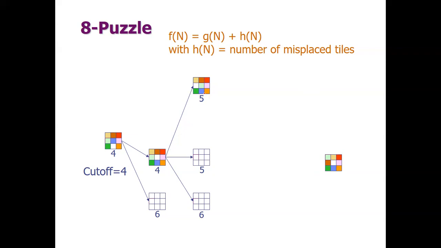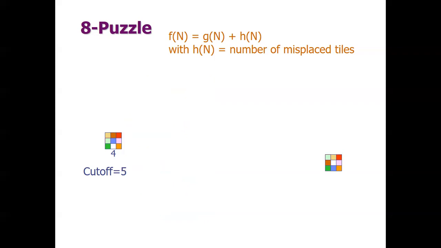So from here we have reached this state, where the light green is moved here, but still the cost is 5, so we cannot include this. Another possibility is from this state to this, where we moved the green here, but its cost is also 5. So we tried exploring several states, but we are unable to find a state within the cutoff of 4. So we are increasing the cutoff.